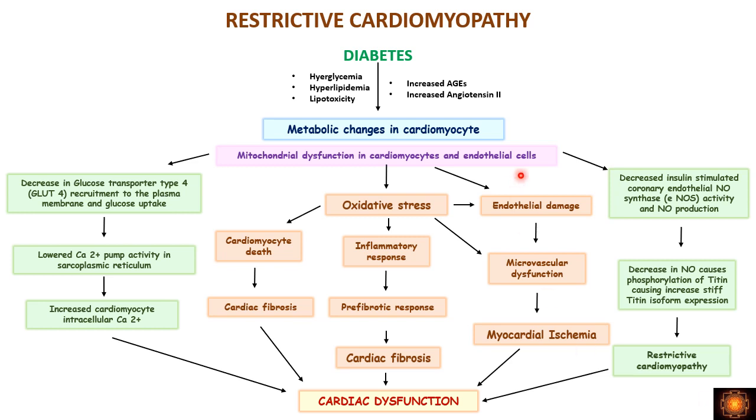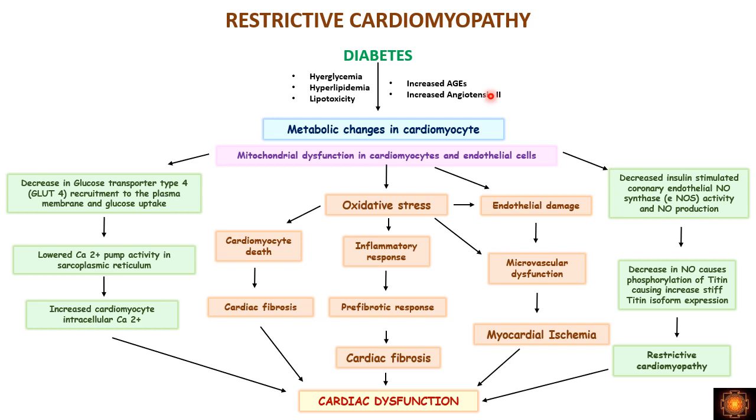And when we see diabetes, it is a condition where we have hyperglycemia, hyperlipidemia, lipotoxicity, increased advanced glycosylation end products and increased angiotensin 2. All these things cause damage to the cells. They do so by causing some metabolic defects.